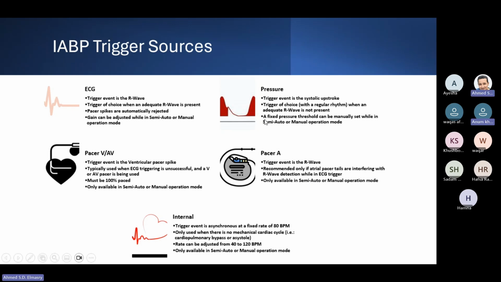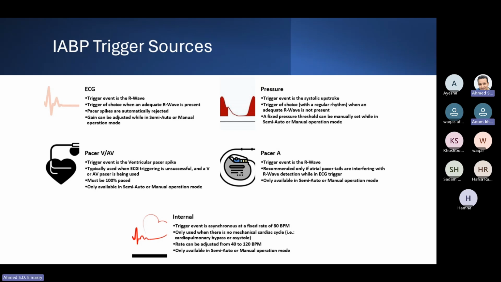Along with that, you have to take one precaution: set 50% augmentation. The reason is that you're working 50-50: 50% chest compression, 50% IABP. So this is the safer way one can go. Otherwise, it's not recommended to use the IABP with the CPR.